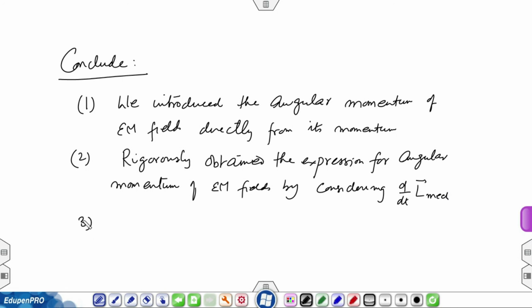And 3, illustrated the concepts by solving a problem.